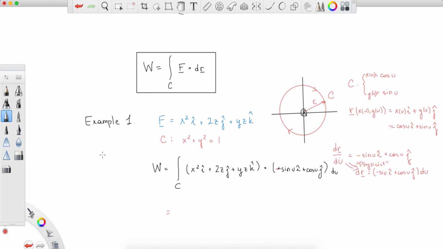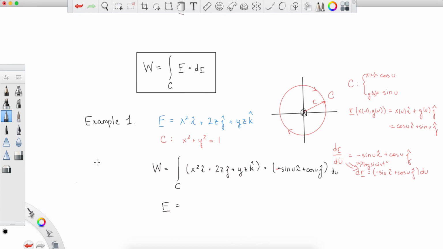Okay, here we run with our second problem. Because the force is still not parameterized, I still have it in terms of the coordinates, so I'll have to rewrite the force. How do I parameterize the force? Well, we're just going to substitute these into here. But notice, what is z of u?